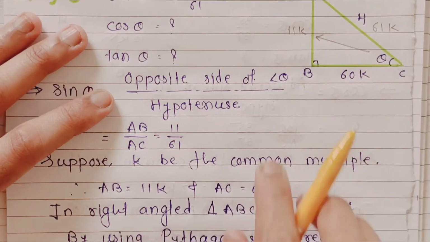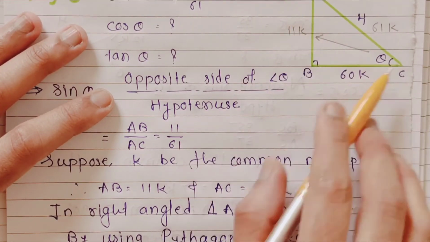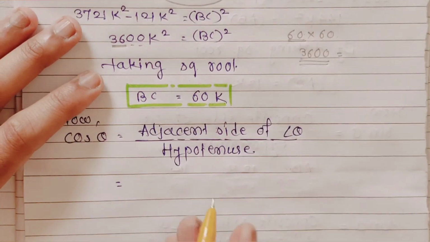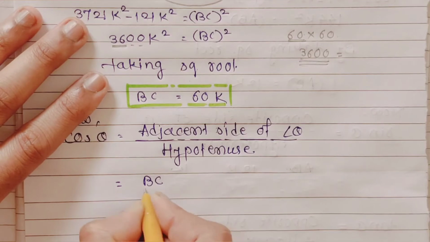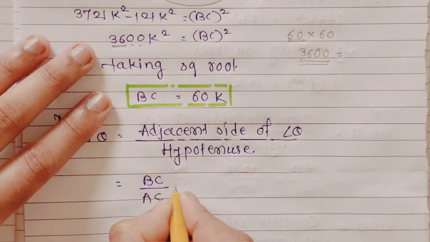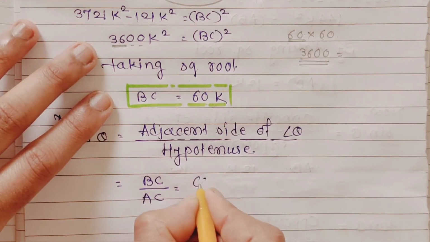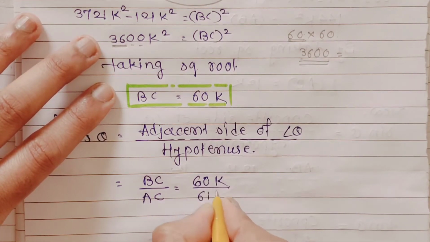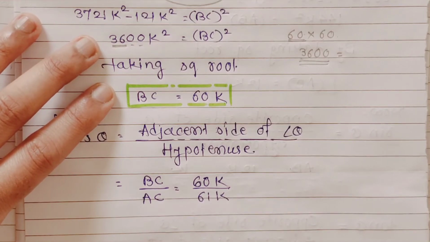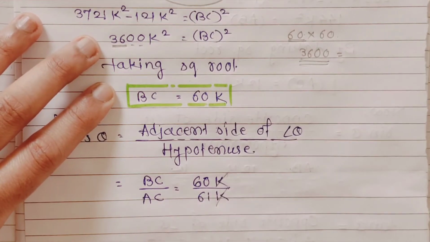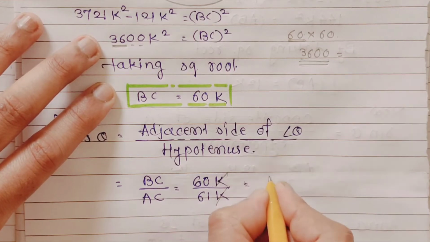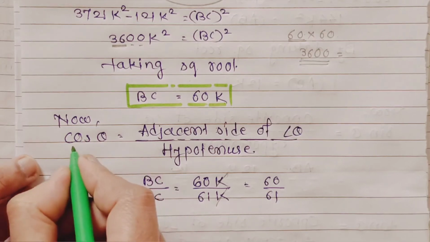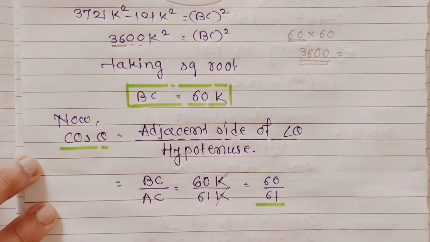So the ratio will be BC upon AC is equal to 60K upon 61K. So we can write adjacent side, that means BC, upon hypotenuse, that means AC, and length of BC is 60K and length of AC is 61K. So K cancels with K. Answer is 60 upon 61. It is nothing but cos theta. Cos theta is equal to 60 upon 61.